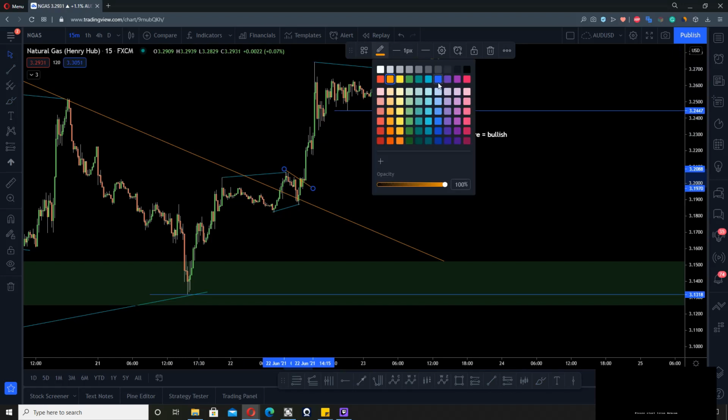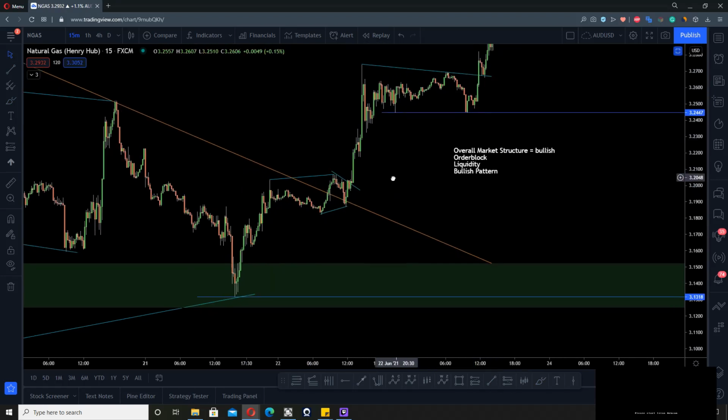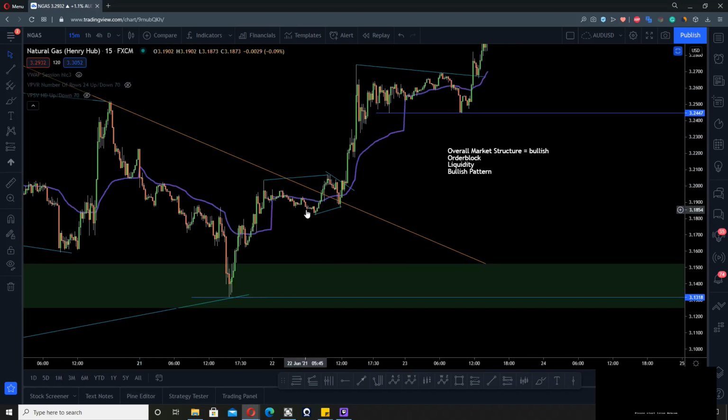I also like to use the VWAP to just give me a sense of the strength and entry points.